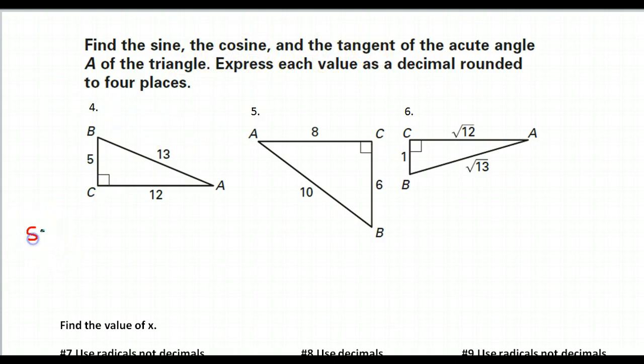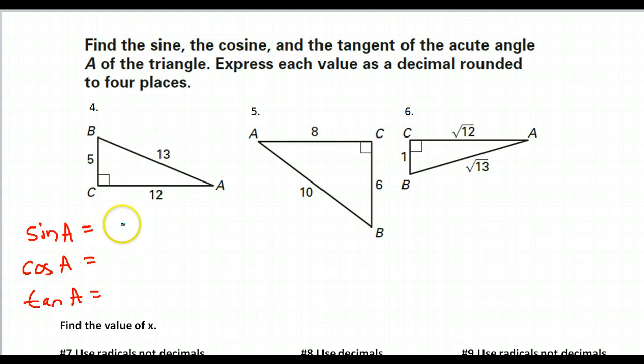So we're supposed to find the sine of angle A, the cosine of angle A, and the tangent of angle A. It does not say find the measure of angle A. So we will not be using the inverse trig functions because that's how I would get angle A.